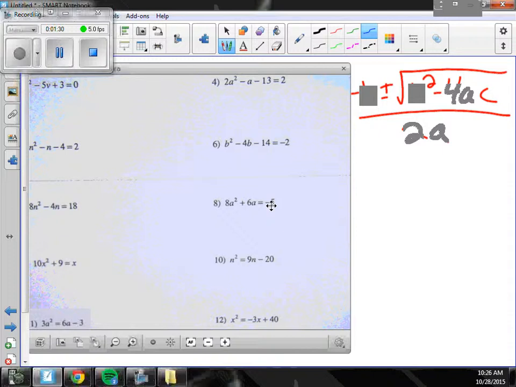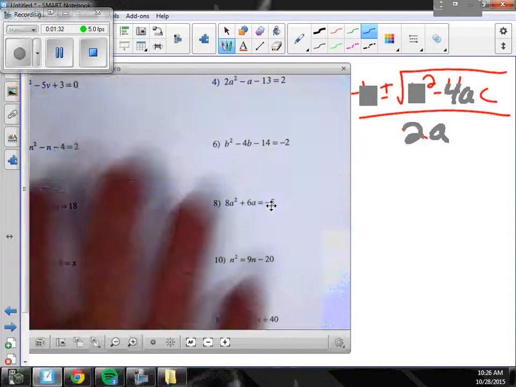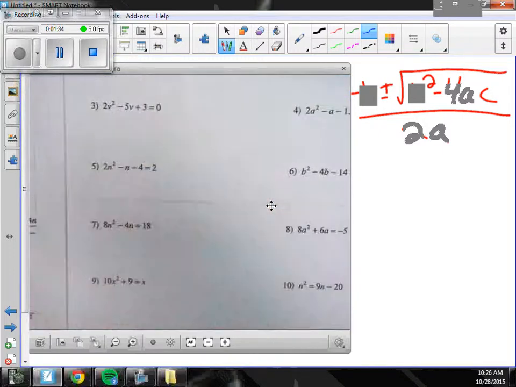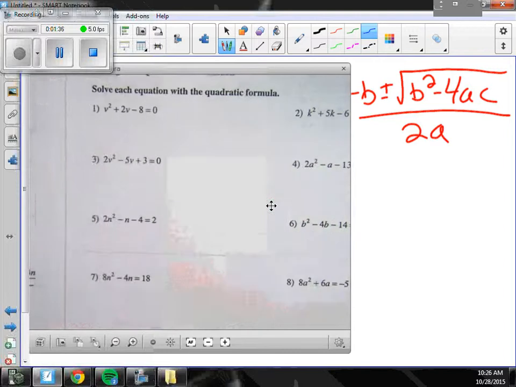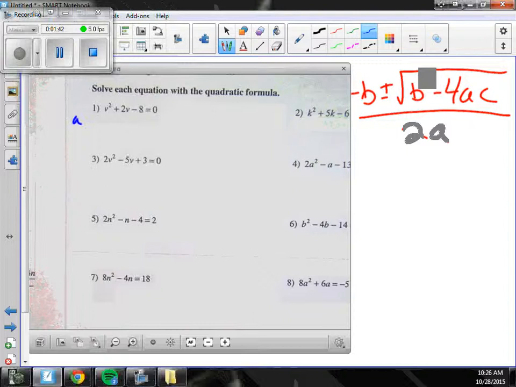So, let's solve a couple of these. Look at number 1. For number 1, what does a equal? A equals 1, because that's the number in front of the v squared. What does b equal? 2, and c equals negative 8.